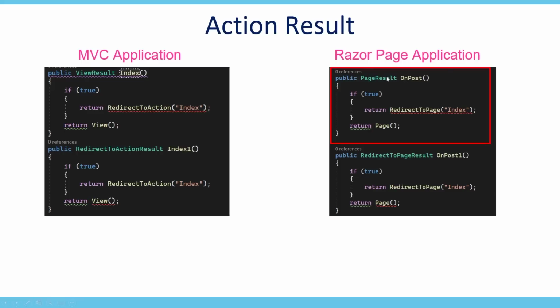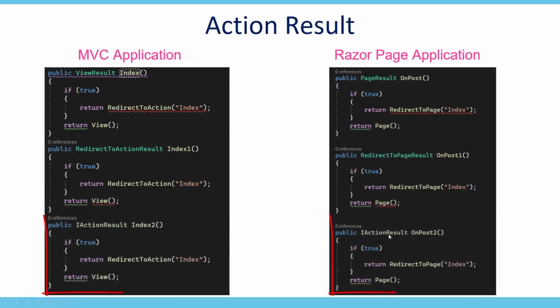If you are working on Razor Pages and you have the same situation, if you use PageResult, then return Page will work, but RedirectToPage will fail. And if you use RedirectToPageResult, then return Page will fail. So what is the solution to all of this? The solution is to use IActionResult in both the places.